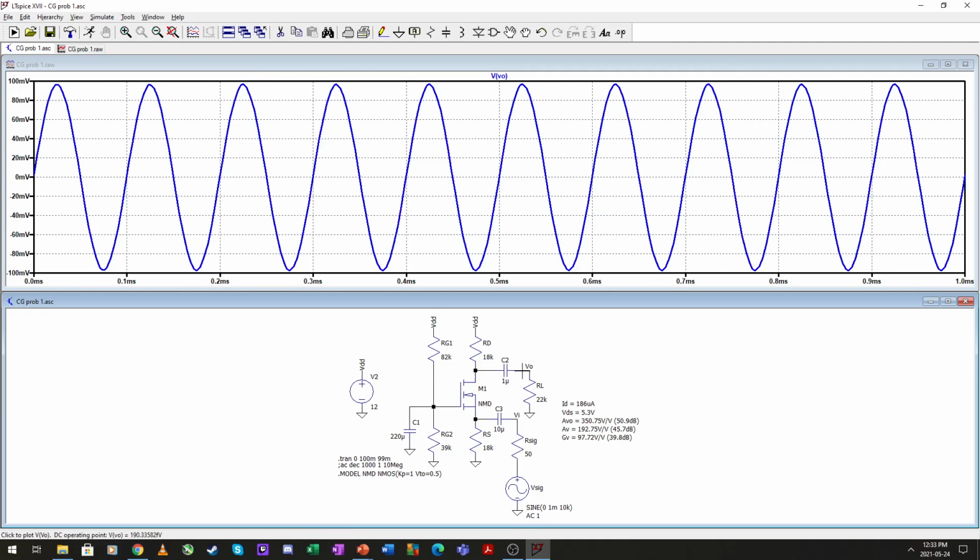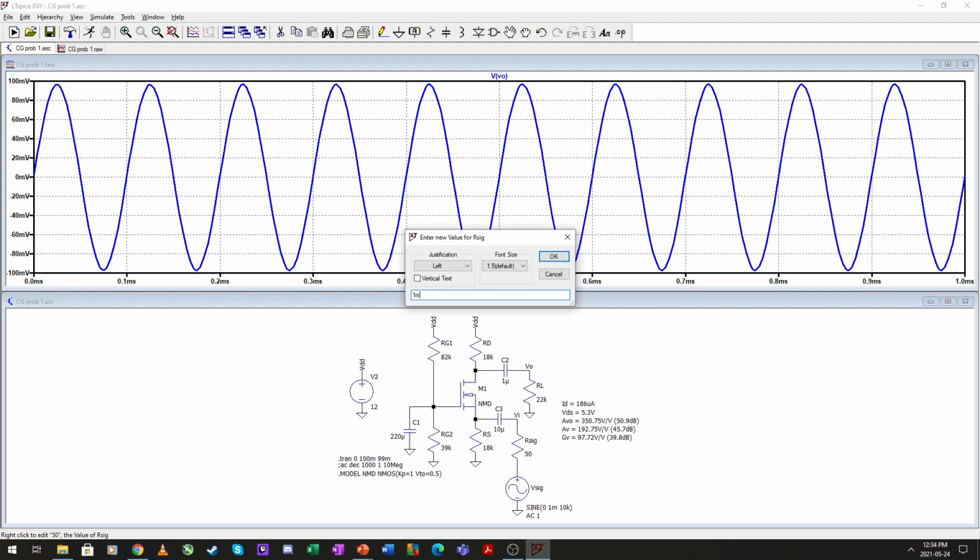And I'm inserting 1 millivolt peak and getting out just under 100. And our final gain was about 100 volts per volt. That's even with the input impedance being matched.